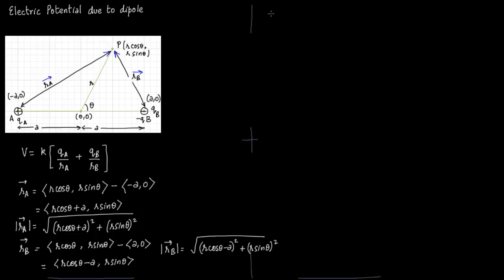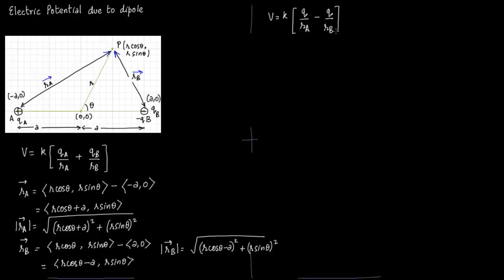Now the potential we computed before, we wrote as V equals K times QA by RA plus QB by RB.